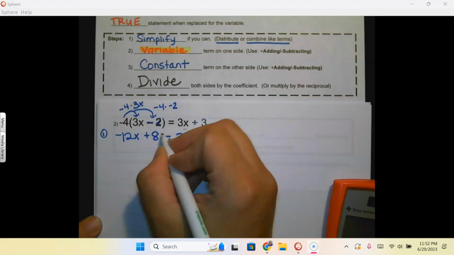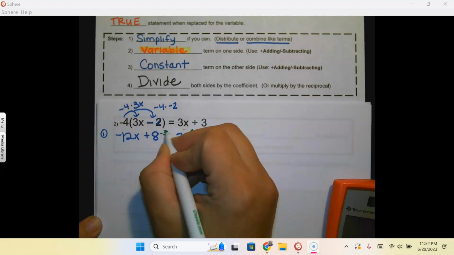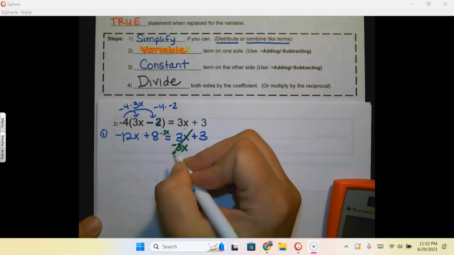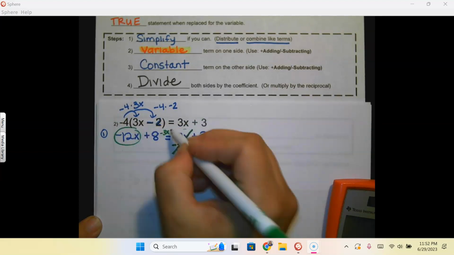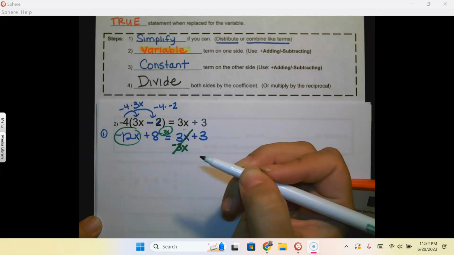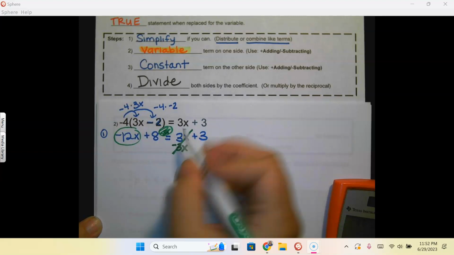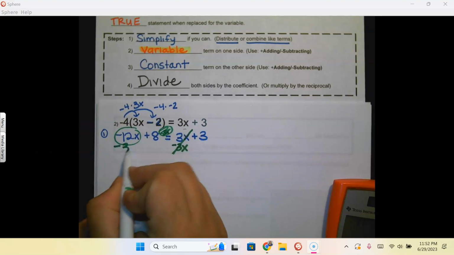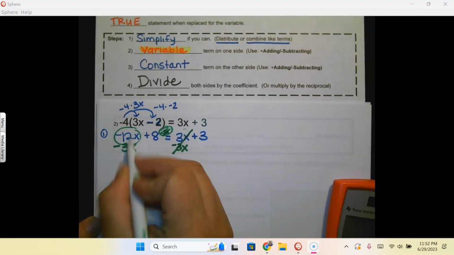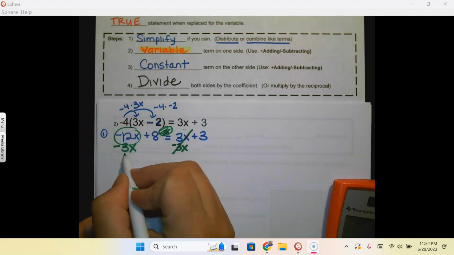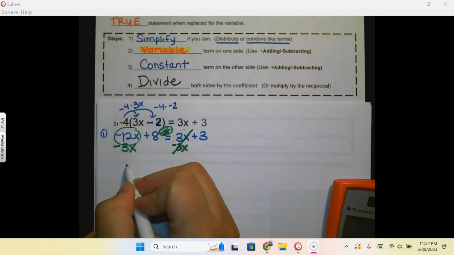Now, some students like to put a -3x here and write it horizontally like that, and then they combine their like terms. Whereas some students, instead of this notation, would prefer writing -3x here because then it reminds them that these two go together. So it does not matter to me which style you use.